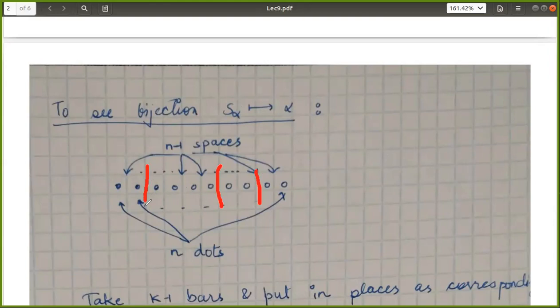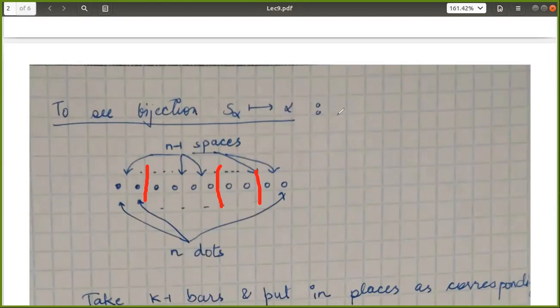The second bar is put after A1 plus A2, which is this. The third bar is put after A1 plus A2 plus A3, which is this. The last bar I don't have to put because I have already done enough job.